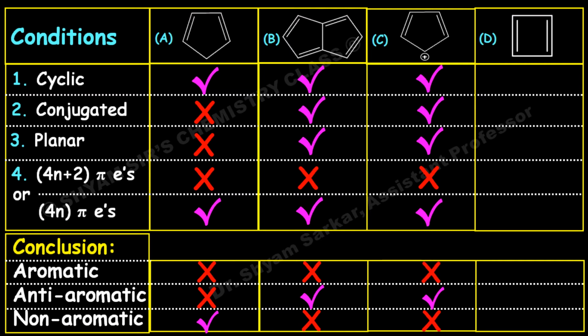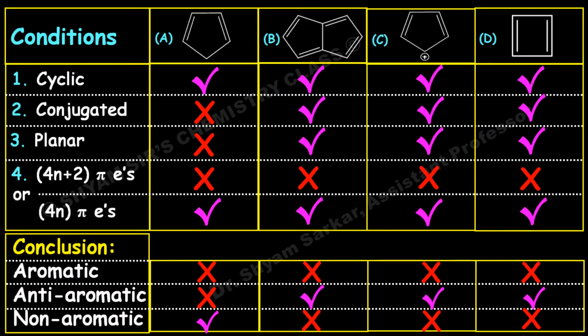From these you can easily say the anti-aromatic compounds are B, C and D. Since this question is MSQ, that means multiple select, there will be 3 options, B, C, D, which are anti-aromatic.